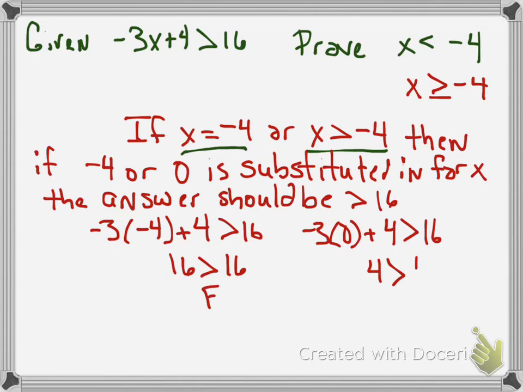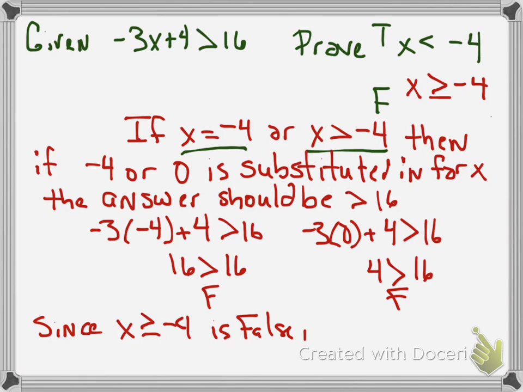So those are both false. Since both of those possibilities were false, that means this assumption is false. That means what I wanted to prove was true, because this proved the contradiction. So, since x greater than or equal to negative 4 is false, thus x less than negative 4 has to be true. So that proves it. Like I said, it's weird.